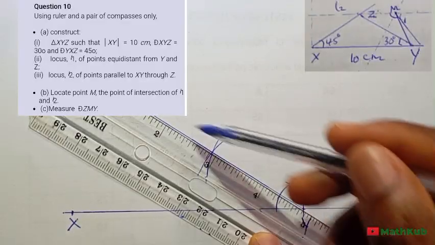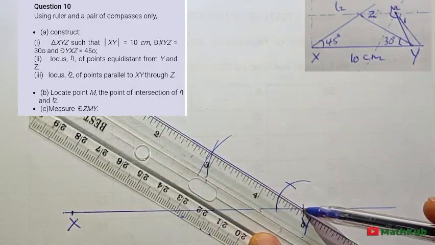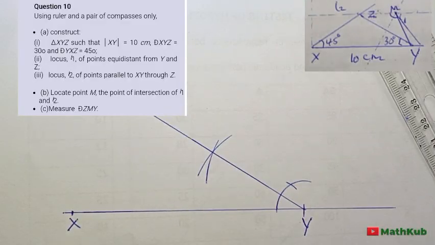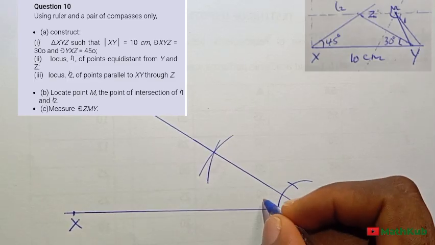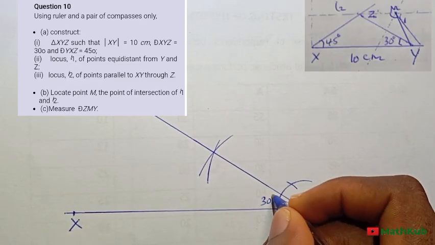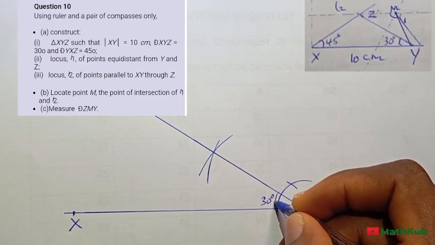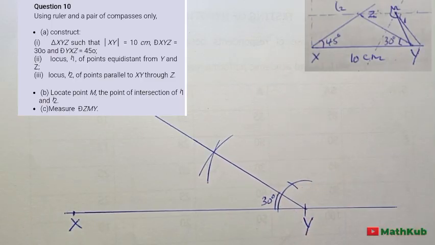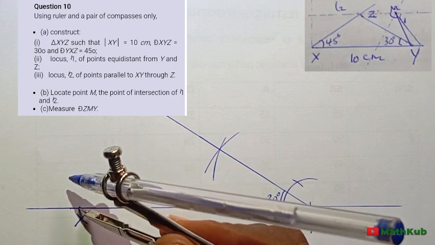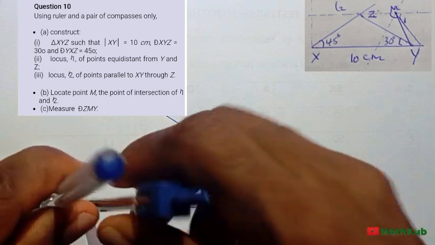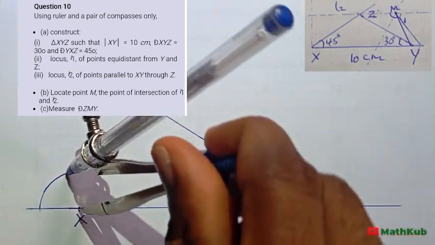Then we join this line to here. Now this is 30 degrees. From here to here is 30 degrees. Then with X as center, you draw a semicircle.